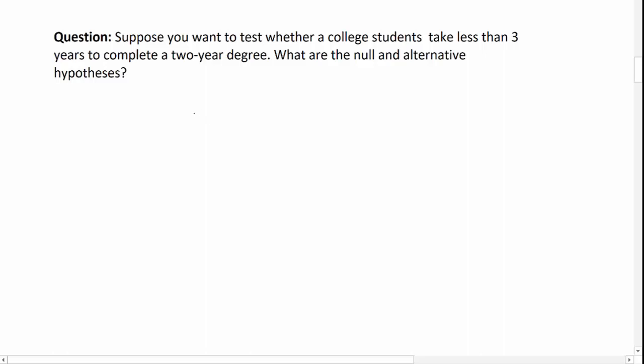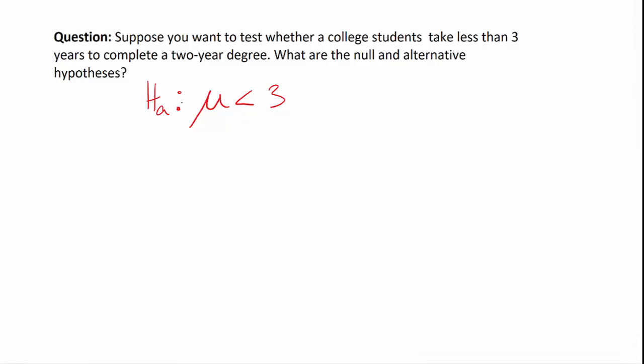What that means is we're trying to test if the mean amount of time to complete a degree is less than 3 years. Okay? That strictly less than means that is the alternative hypothesis. Remember, the HA does not have an equal sign with it.